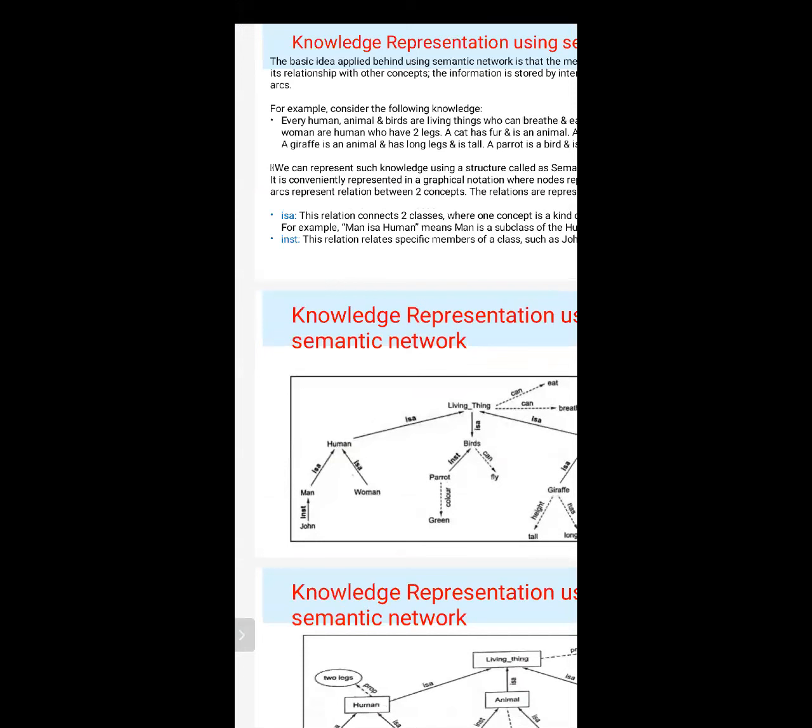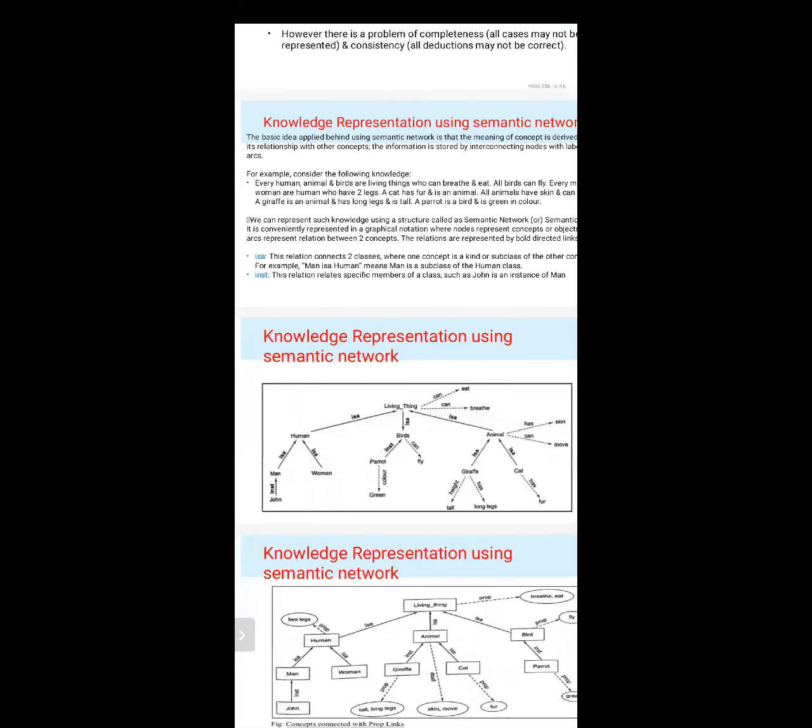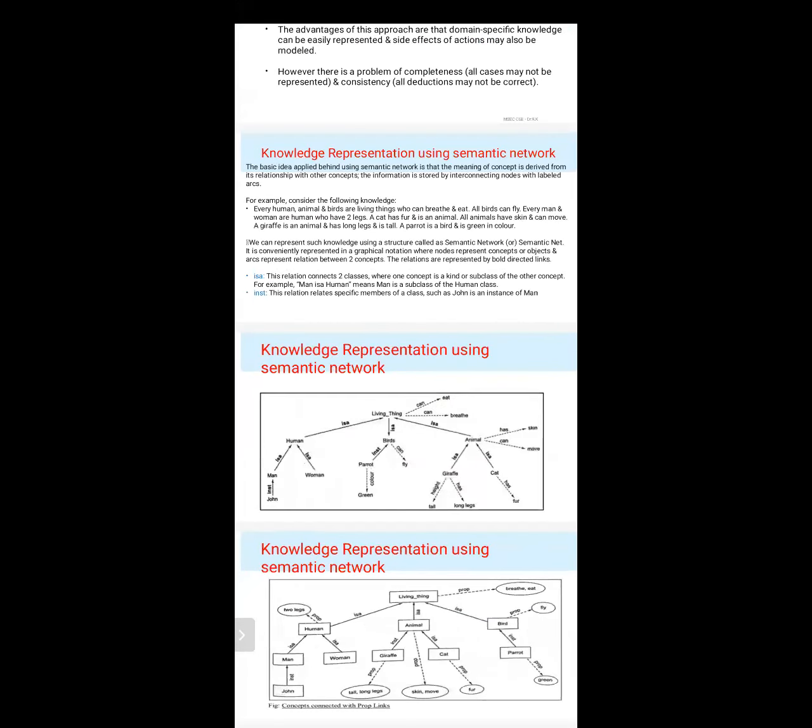Every human, animal, and bird are living things who can breathe and eat. All birds can fly. Every man and woman are human who have two legs. A cat has fur and is an animal. All animals have skin and can move. A giraffe is an animal and has long legs and is tall. A parrot is a bird and is green in color.